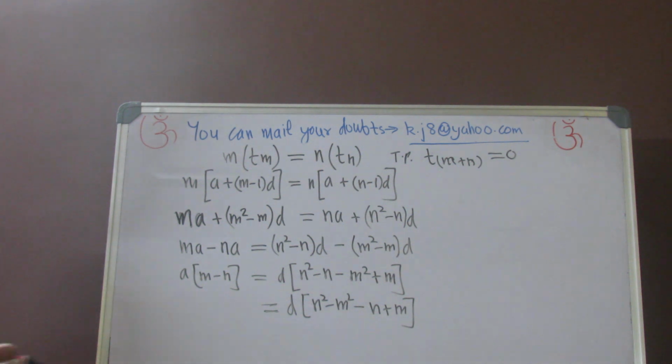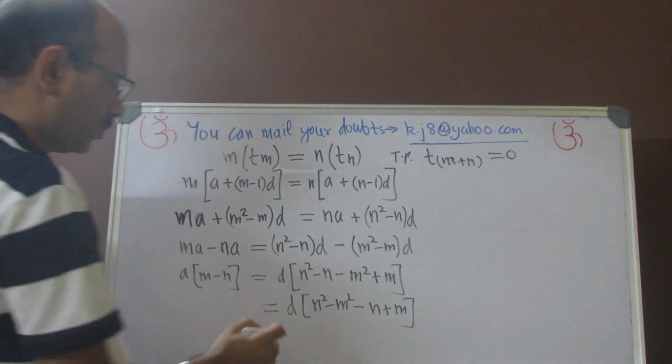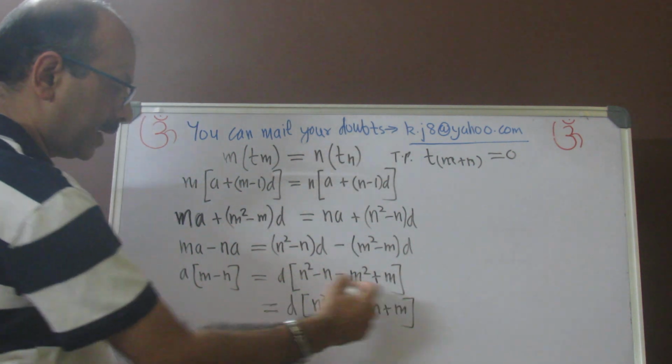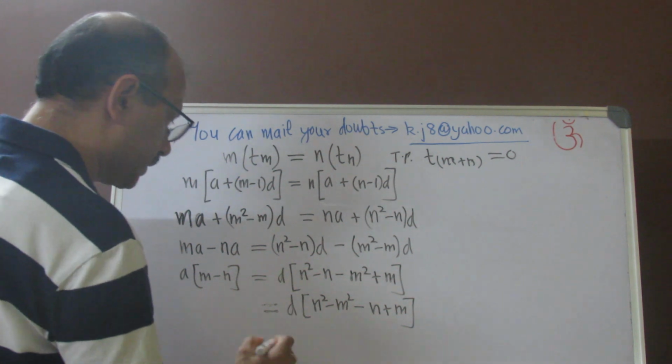Okay, and since we have M minus N here, we will try to bring M minus N here as well. Okay, so we'll just use one trick. First let us solve this.